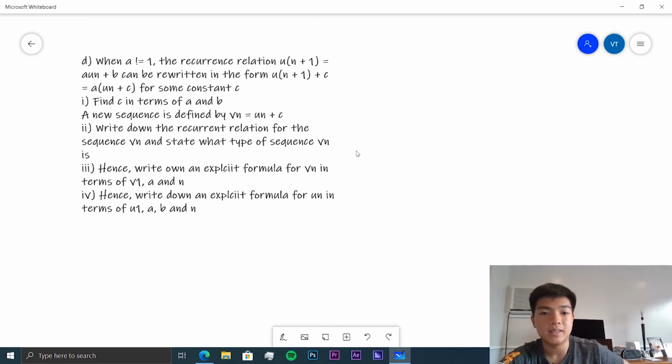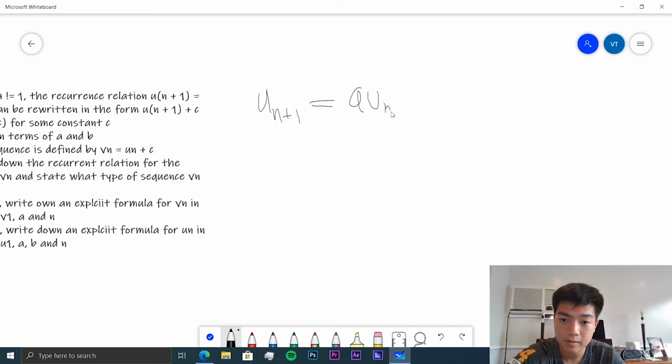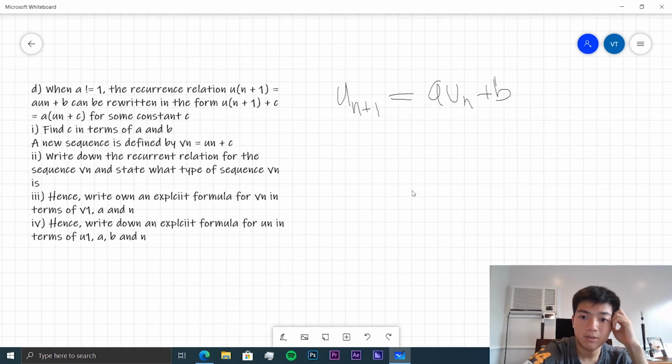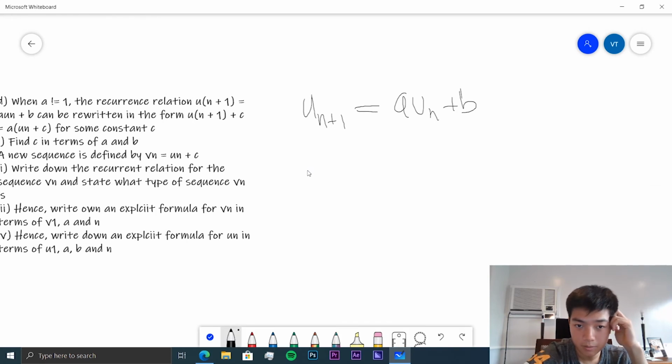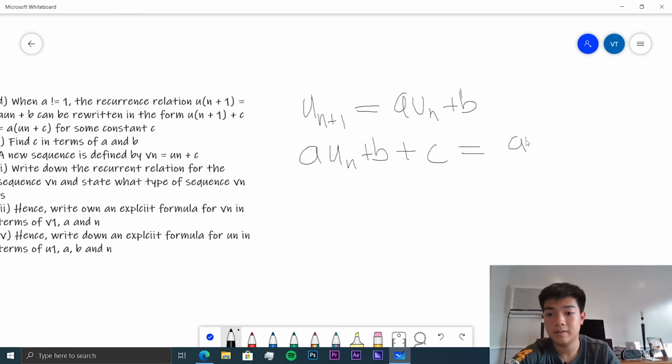Okay. So find constant c. We know u of n plus 1 is equal to a times u of n plus b. And we're saying that we can rewrite this in the form u of n plus 1 plus c equals a times u n plus c. So a times u of n plus b plus c is equal to a times u of n plus a times c.